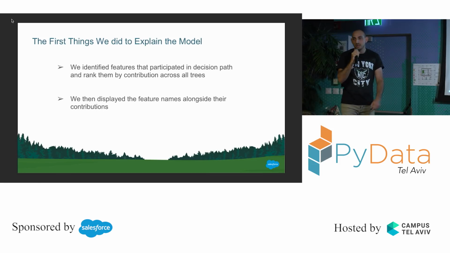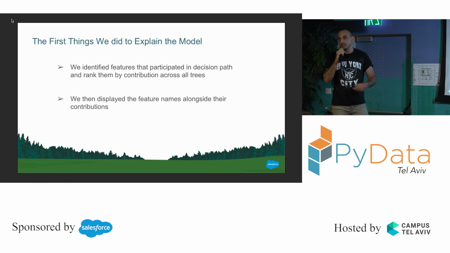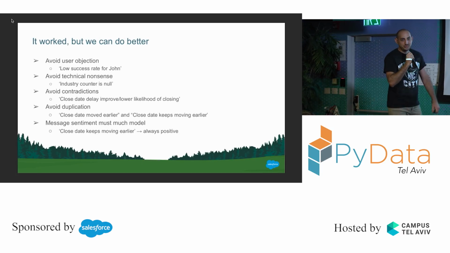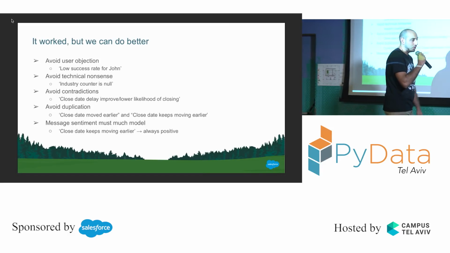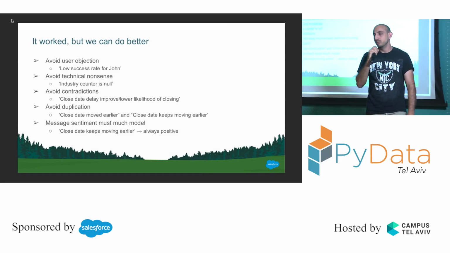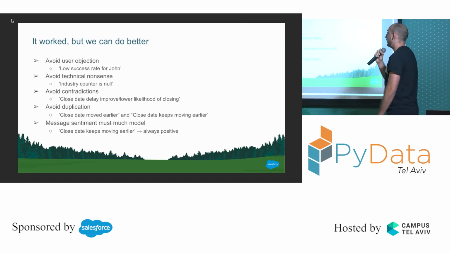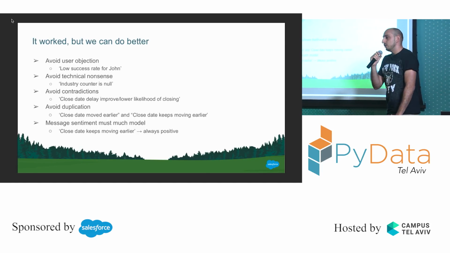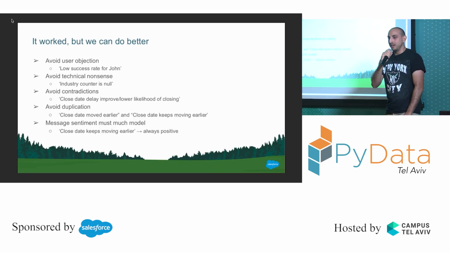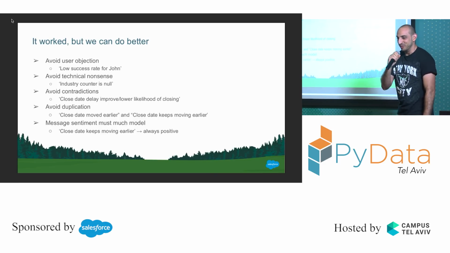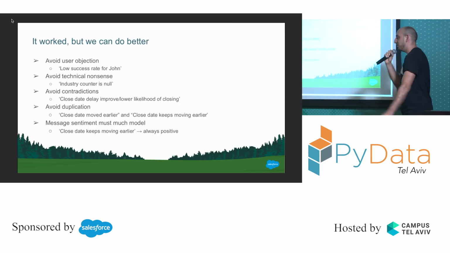So we did this, and we tried it out on a small number of customers in a pilot, obviously. It worked, but it didn't work quite as well as we can. We can do better. So the things we learned from this is that what makes sense for us as data scientists does not really make sense to customers. I can give you an example.